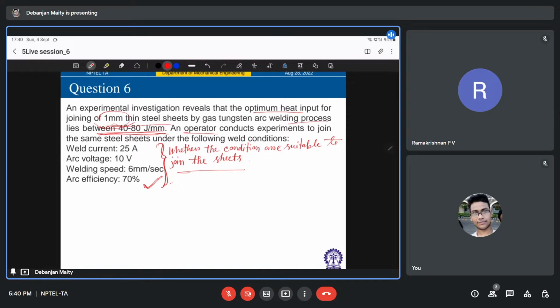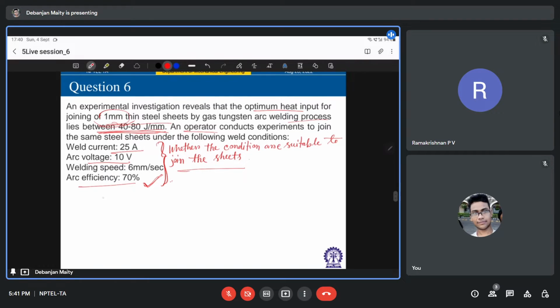If it is greater than that, then the heat generated will be so high that melting will be in higher amount in that workpiece, right? Now what will be the heat input for this given condition? You have the voltage, you have the current, and you have arc efficiency.